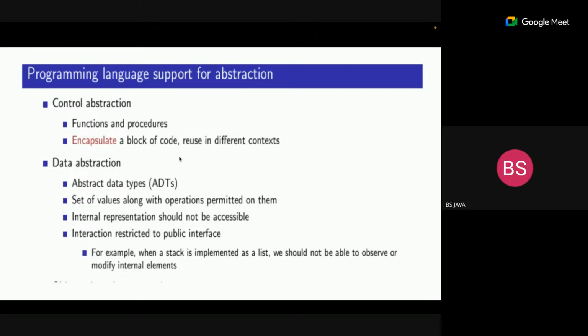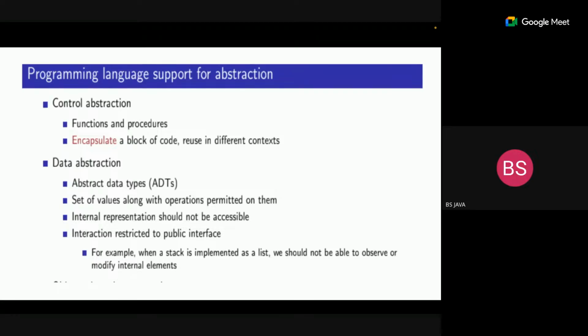Okay? And here again, same thing that we discussed earlier, I'll use it again. Control abstraction. We discussed this already using functions. We see the function name, we can use the function, and the implementation of the function we don't care about. The use of a function is that we can reuse that block of code anywhere, right?